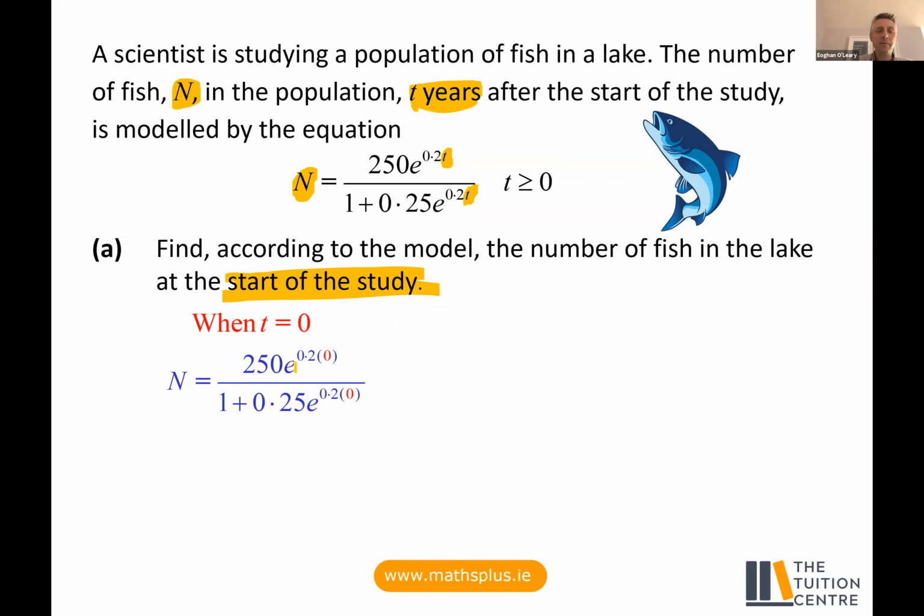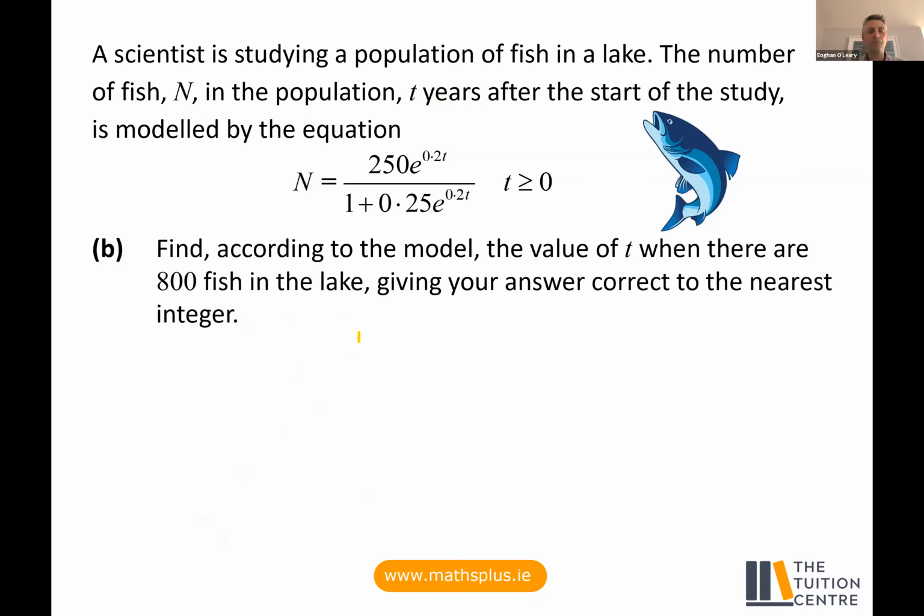Because if you have e to the power of 0.2 times 0, 0.2 times 0 is 0, and e to the power of 0 is 1. So therefore, you're going to end up with 250 over 1.25, which is 200. Once you know that T equals 0, it's a grand easy 5 marker.